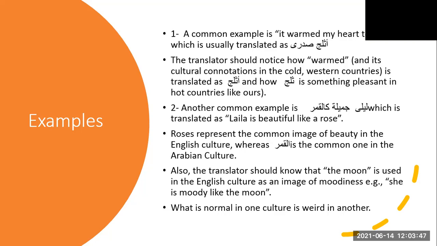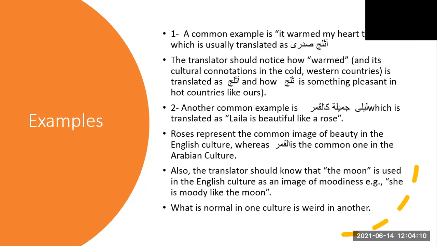So you say in English, she is moody like the moon. And that's not positive. So when you want to convey the beauty of a girl, you say she's beautiful like a rose. In Arabic, we say زي القمر.